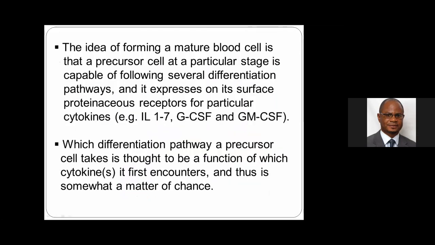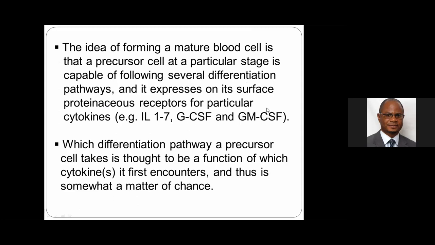Okay. So let me quickly go through this text here. The idea of forming the mature red cell is that the precursor cell at a particular stage is capable of following several differentiation pathways. So I'll talk about that. It doesn't jump from precursor to the final. It goes through differentiation pathways, and then it will express on its surface receptors that allow it to receive signals.